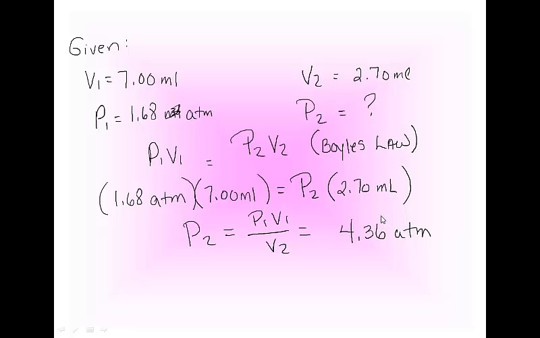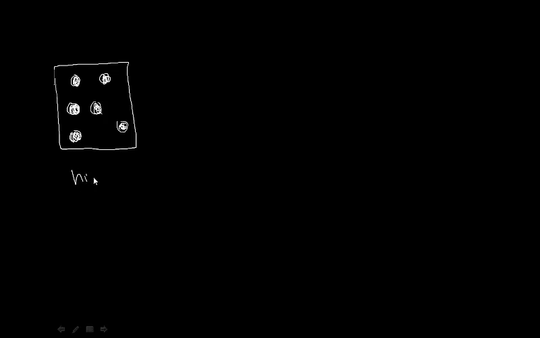Now here's a little picture, a little analogy, if you will. Let's say you have a tank of gas particles. Pressure is measured by how often these little particles beat against the side of the container. If they're pretty spread out, they're not going to beat against the side of the container that much. So this is a high volume but a low pressure.